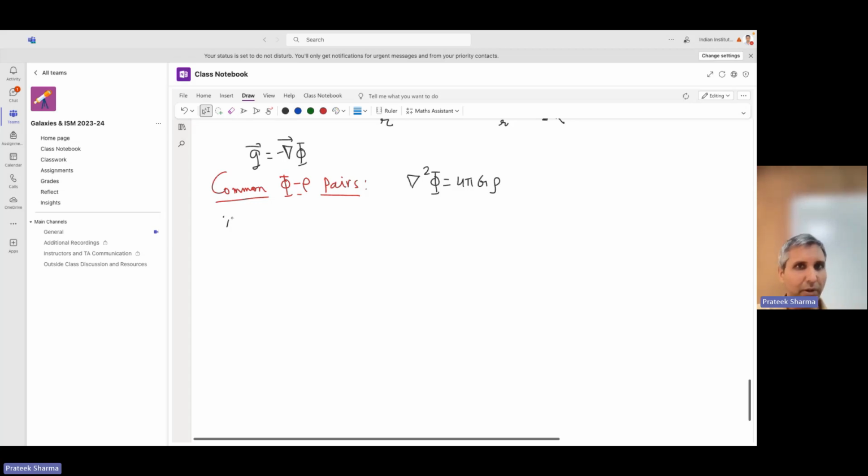Okay, so for example, the point mass: you have density equals mass times delta of r minus r naught. So if you have a point mass at a point r naught, this is the corresponding density, where delta is this 3D Dirac delta function, and the potential, of course, this we all know.